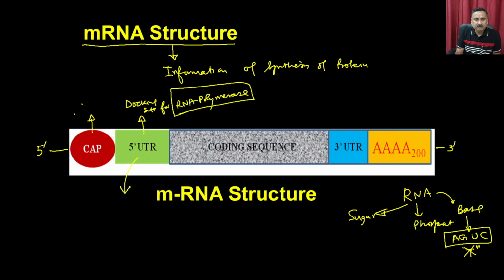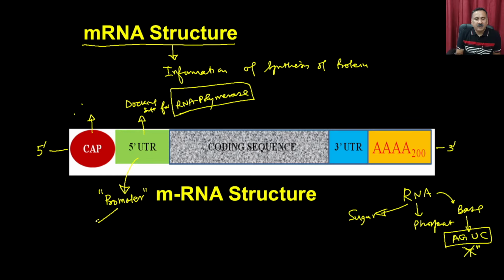In the 5' UTR, you are going to have the promoter, right? And there is a definite composition of the promoter. It has the TATA box, the -10 region, the -35 region, and so on. All that can be discussed when we discuss transcription and translation.